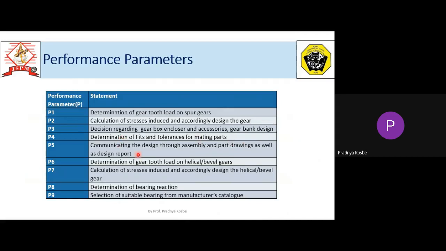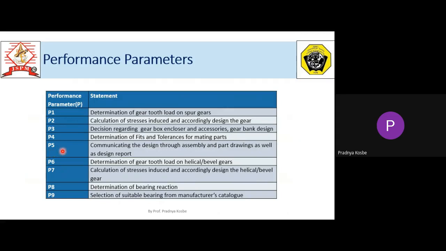When all these things are over, you have to communicate the design through assembly and part drawings as well as a design report. That means you have to draw the sheet of detailed parts and assembly on CATIA or Creo, using any software. And you have to write the design report showing all the procedures.